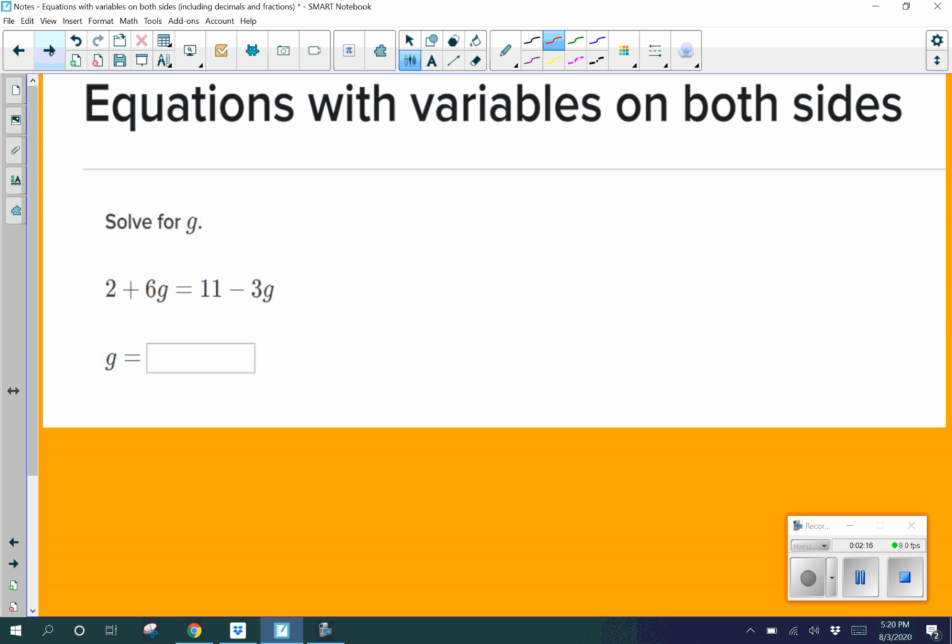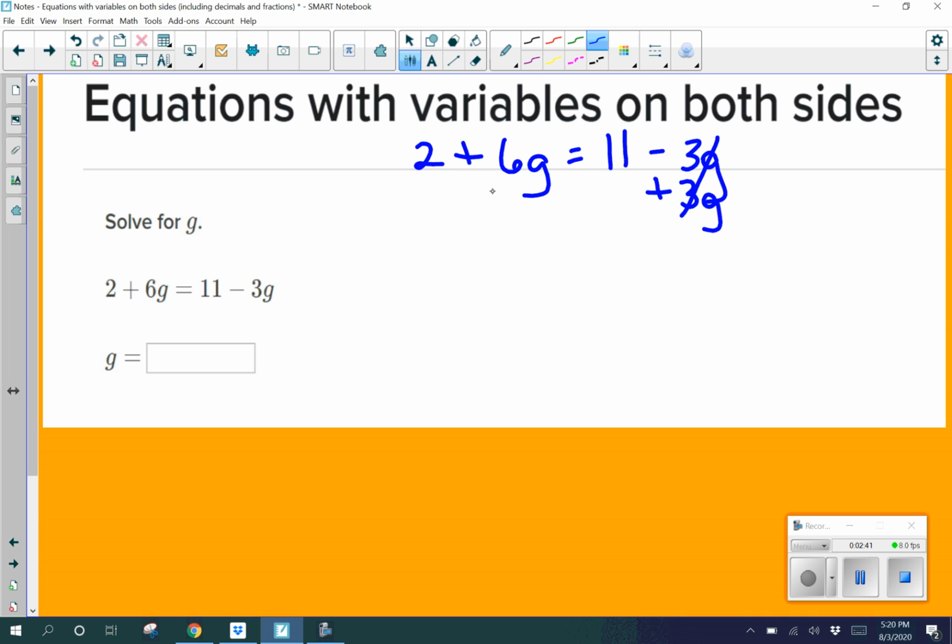Let's try another one. Okay, so let me rewrite this just so I have a little bit more space to work. So to get all my variables on one side, I can either add 3g over here, or I can subtract 6g here. Now, which one will keep my variable positive? Adding 3g.